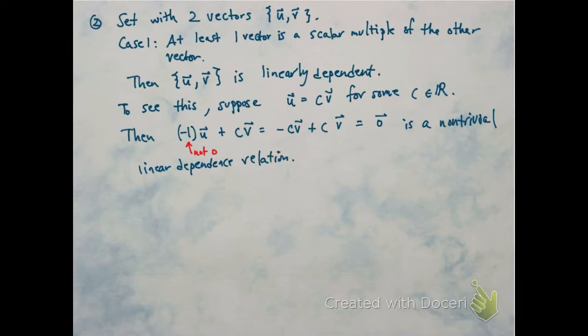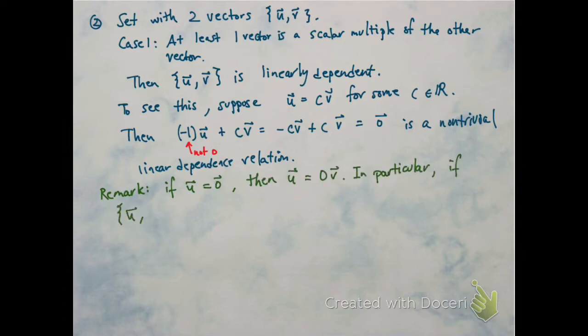Then minus 1 times u plus c times v is minus cv plus cv, which is 0. And this gives us a non-trivial linear dependence relation because that minus 1 in particular is not 0. So just a remark, if one of the vectors, let's say u, is the 0 vector, then we're in this case because then u is just 0 times v.